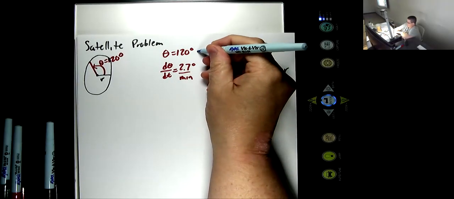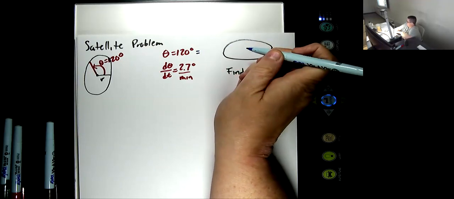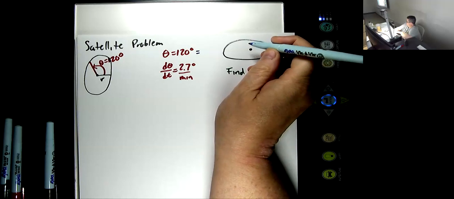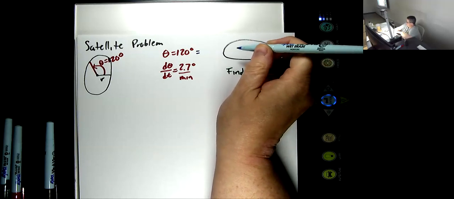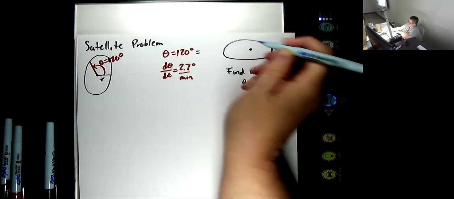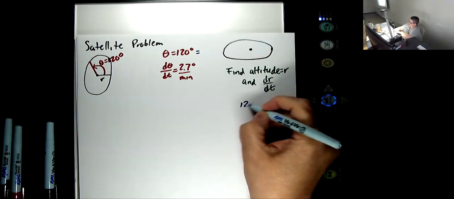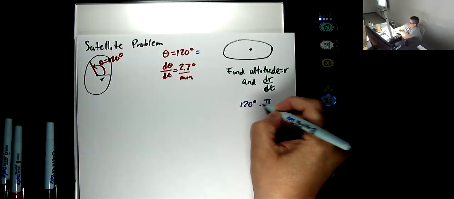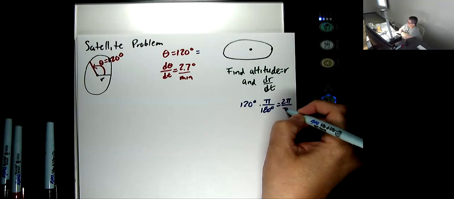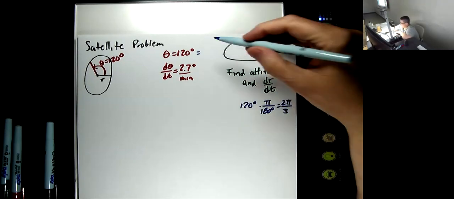So 120 degrees is what in terms of radians? Two pi over three, since no one's answering me.